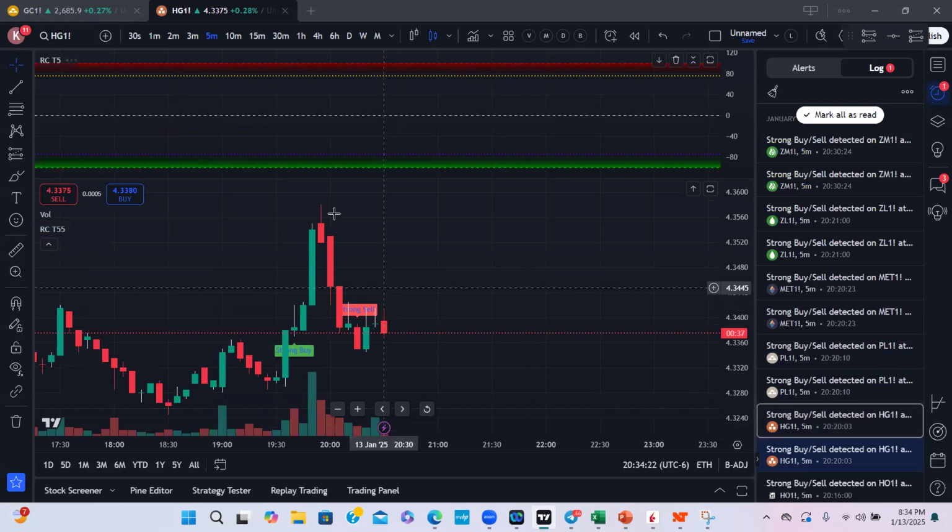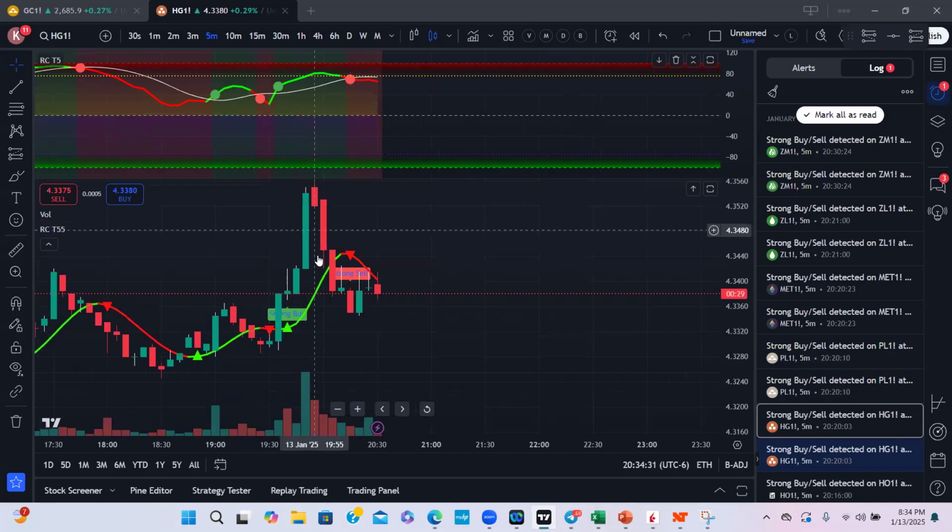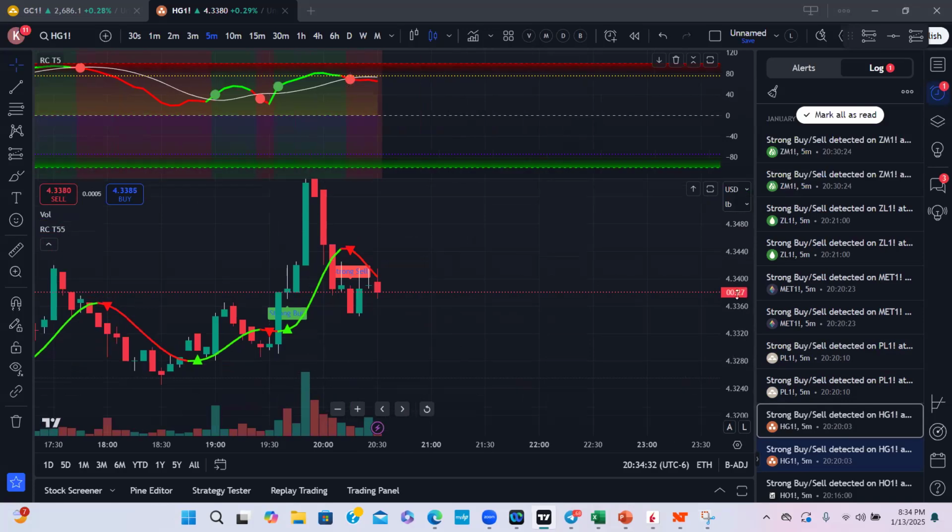Generally, most of the metals move in the same direction. If gold is moving down, then silver, platinum, copper, everything will be moving downside.